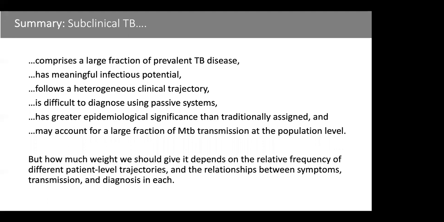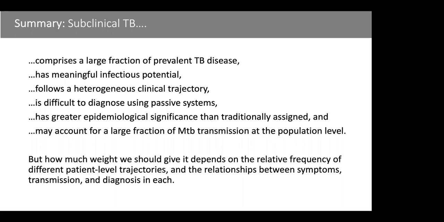It has probably more epidemiological significance than is traditionally assigned, although again, we don't have enough data yet to quantify it. And it may account for a large fraction of MTB transmission at the population level, once you account for its bacillary burden and the proportion of prevalent disease that is subclinical. But what fraction that is, is hard to say.